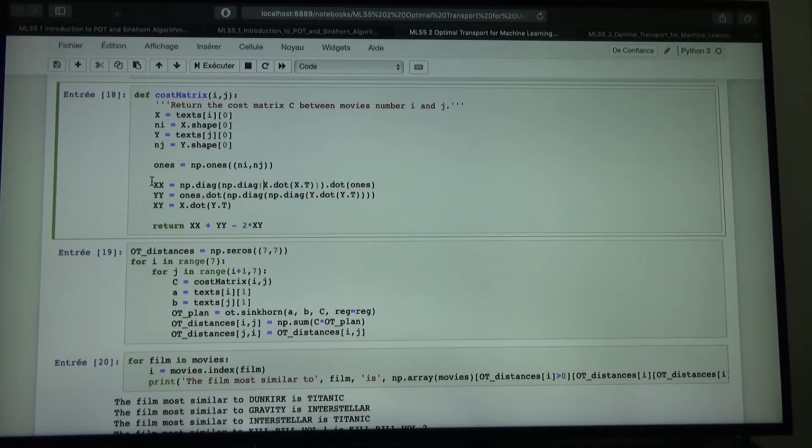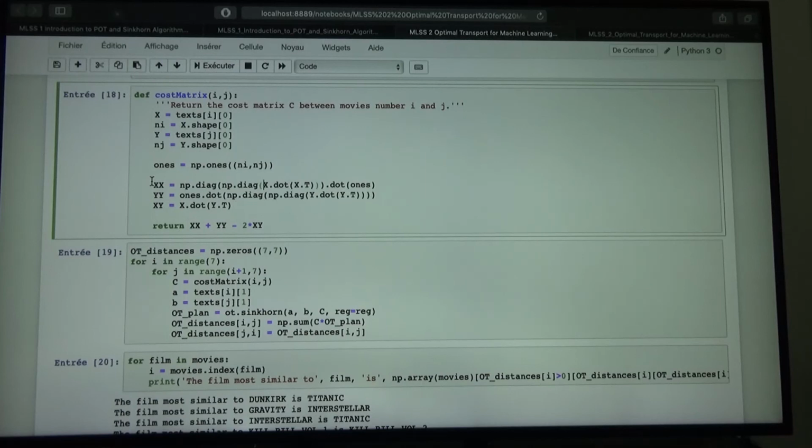So basically, here you could do your double loop stuff, but it's not efficient. This is a bit more efficient. It's not the most efficient. But what you say is, okay, I'm just computing the squared Euclidean distance. So by just developing the expression, you have the squared norm of x plus the squared norm of y minus 2 times x dot product with y. And that's what I call xx, yy, and xy.